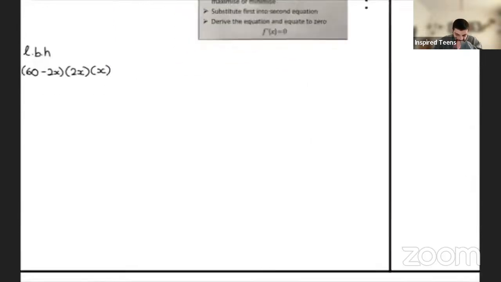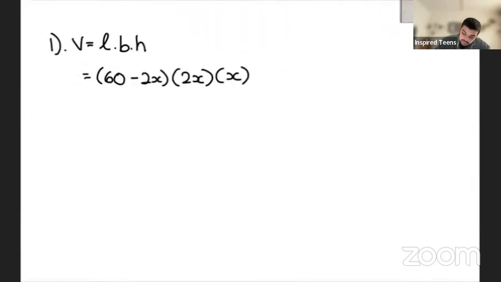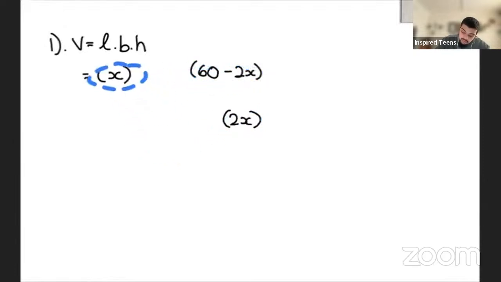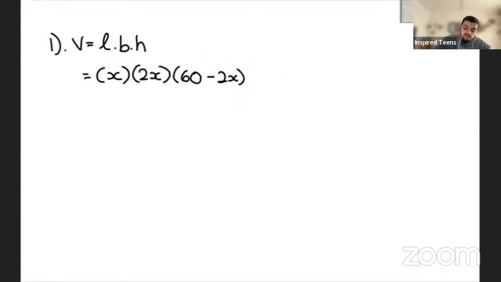Okay, so here we can simply distribute. Let's change the order so it's a bit easier. We can change the order of multiplication, it doesn't affect it. So when I distribute this into this, I get 2x squared, open bracket, 60 minus 2x.